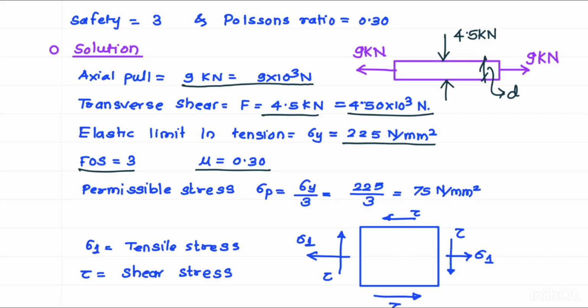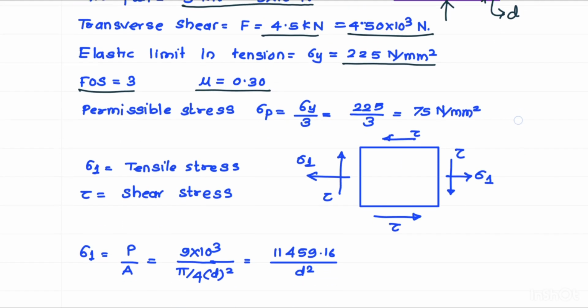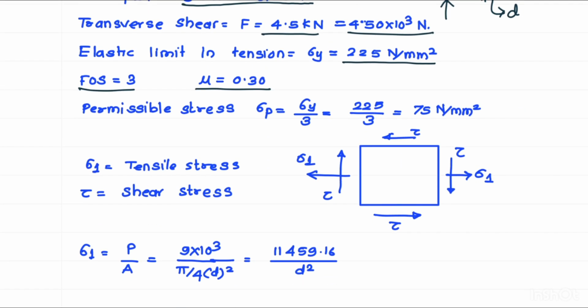Once you get this, we'll try to apply the concepts of principal theories or failure theories. Here you can see the stress sigma 1 acting in the normal direction, or direct stress, and shear stress acting in the clockwise and anti-clockwise direction as the shear stress and the complementary shear stress.